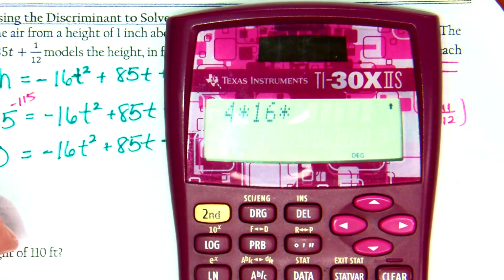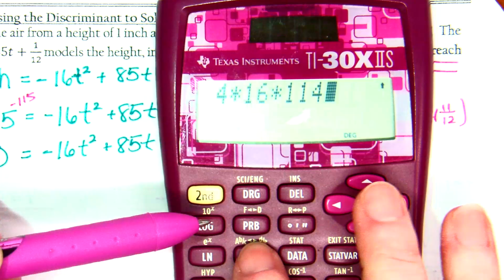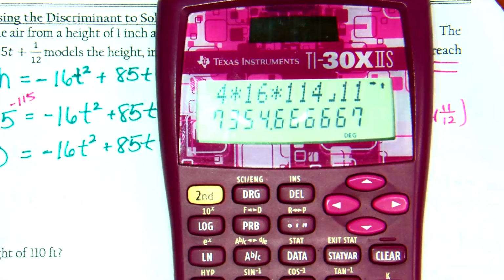That's the same as entering 114 and 11 twelfths. I hit equals: 7,354.6 repeating officially. The 7 is just a calculator rounding. You might know that 0.6 repeating is 2/3.